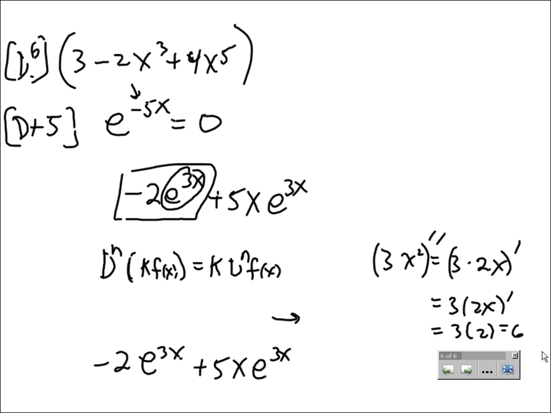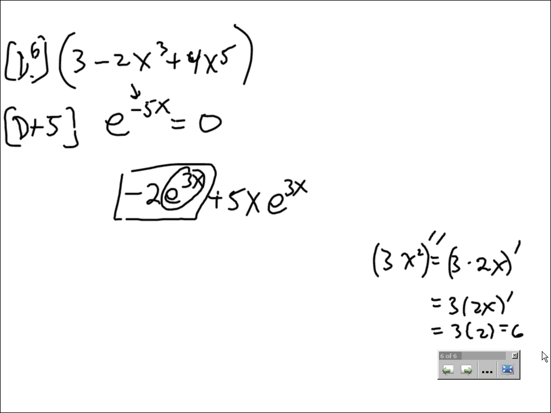Any derivative. It wouldn't matter. Okay. If you want to annihilate e to the 3x or negative 2e to the 3x, you want it to be 0, well then you should do d minus that number.